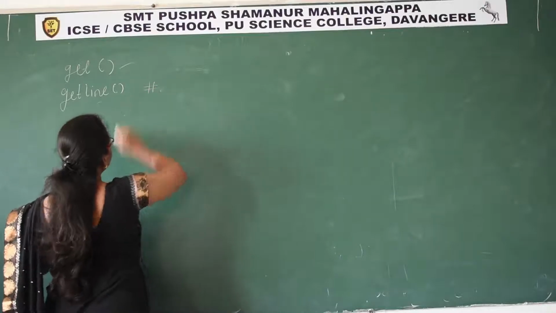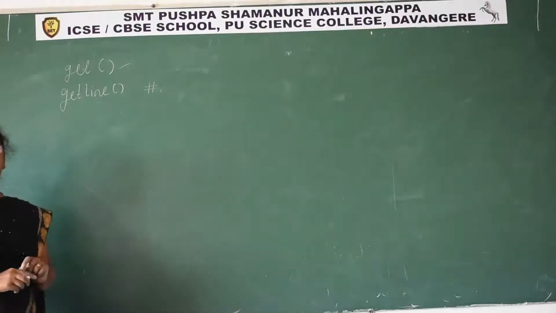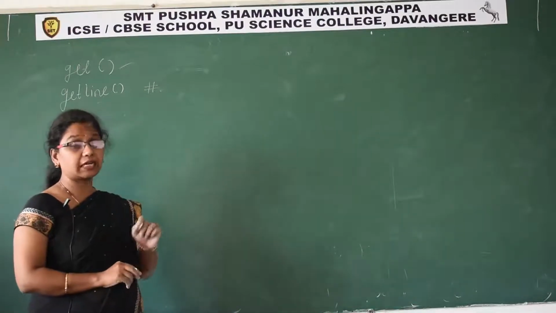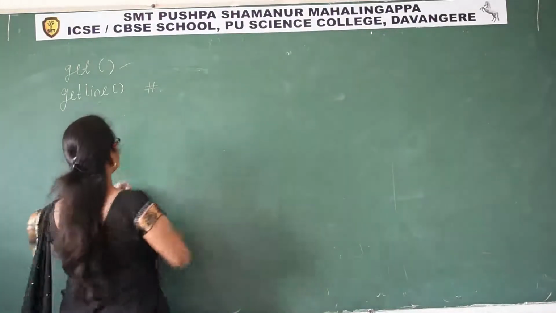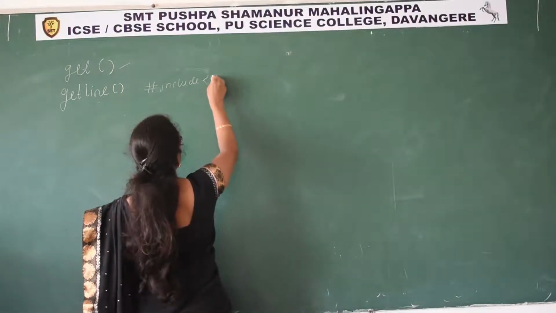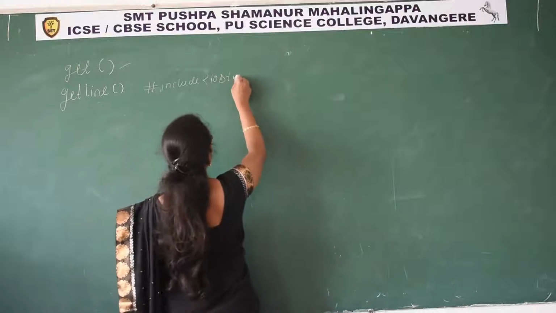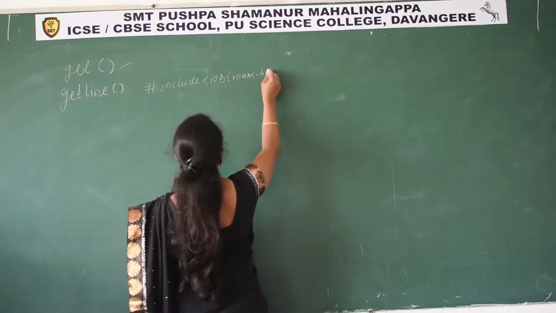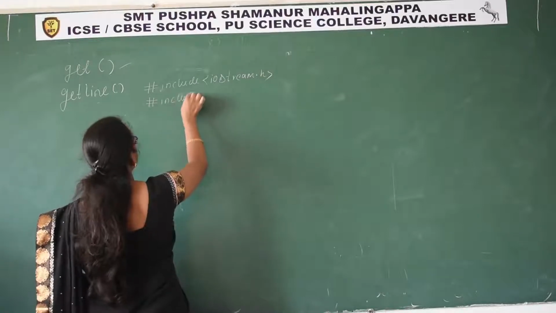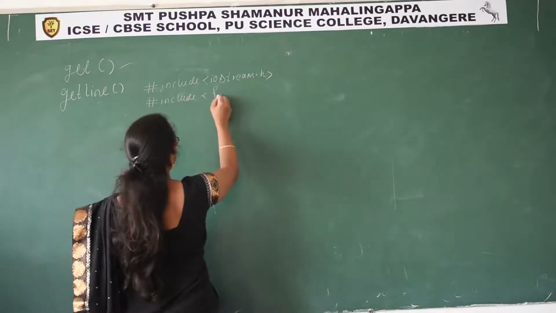Before going to read text from the file, let us read a line of text from the keyboard using the getline function. Let us recall that concept. #include iostream.h, #include fstream.h.